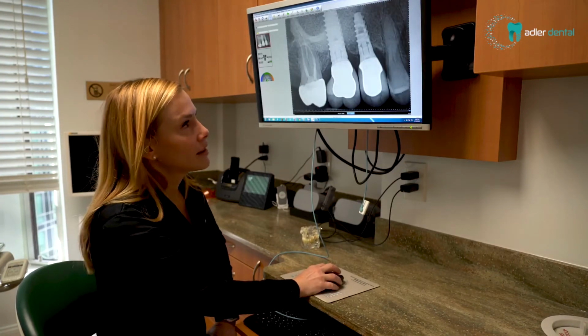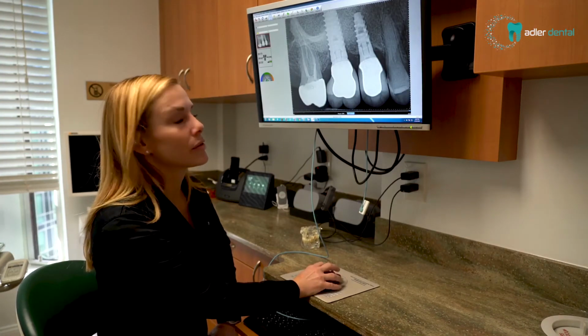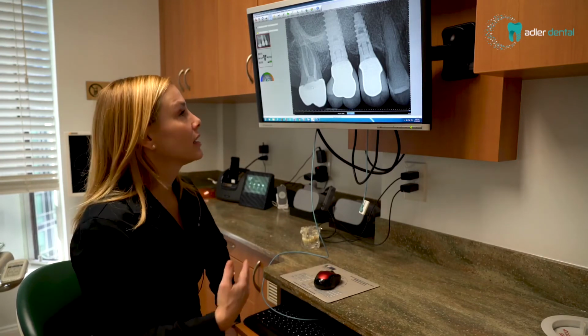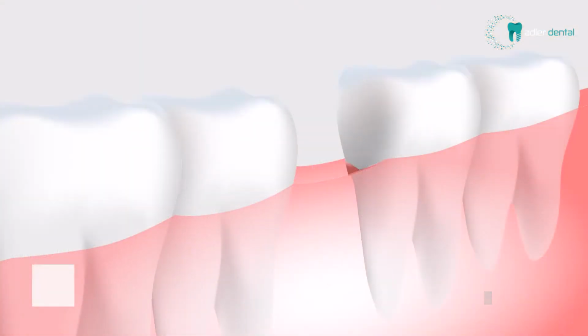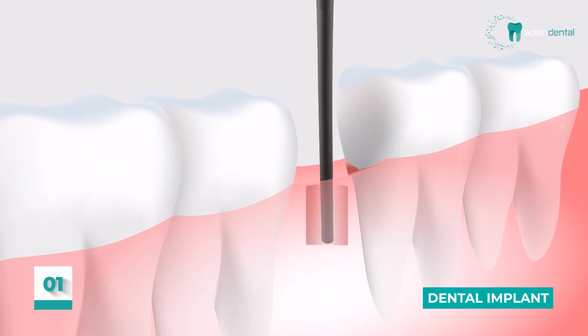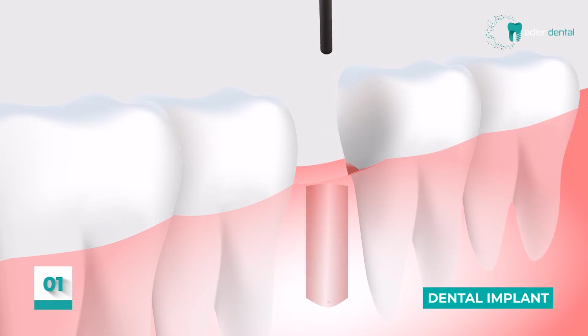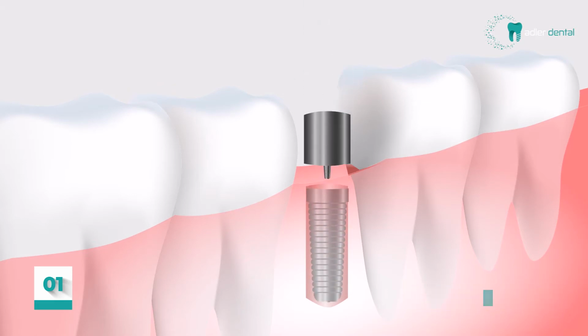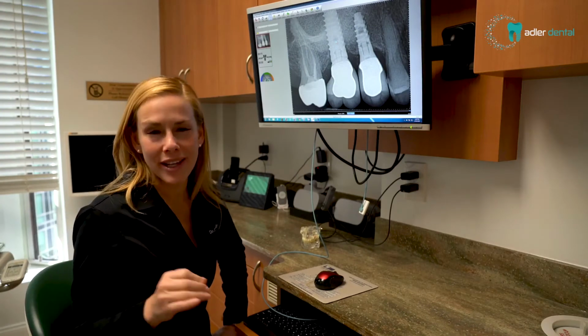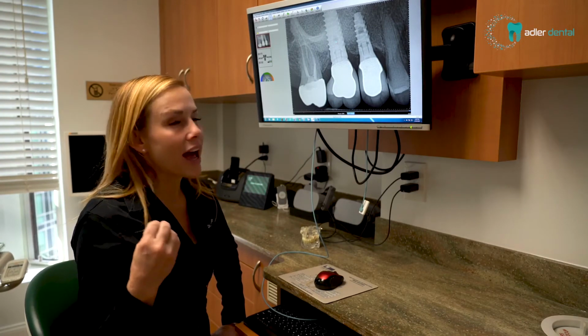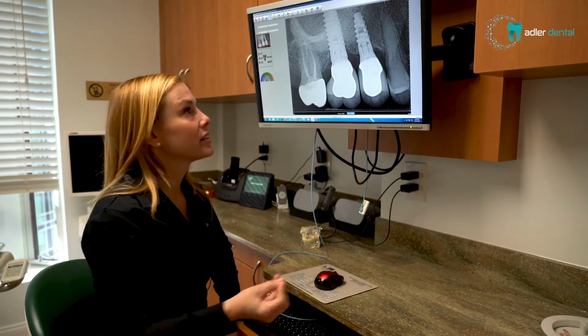If, for any reason, you need to lose a tooth, a cracked tooth is one reason, I recommend you get a dental implant. This is a dental implant. A titanium screw is put into the jawbone under a local anesthesia shot, just the same way you would get a filling. I would send you to a surgeon to do this.